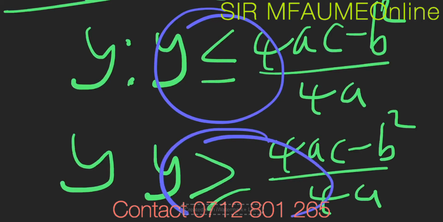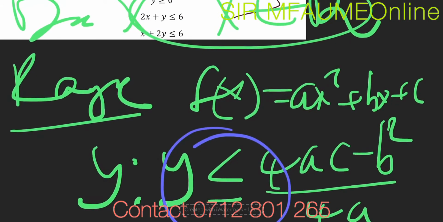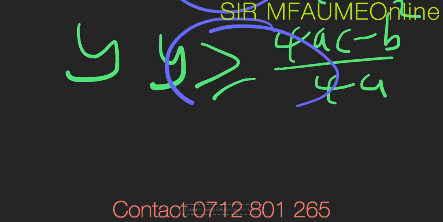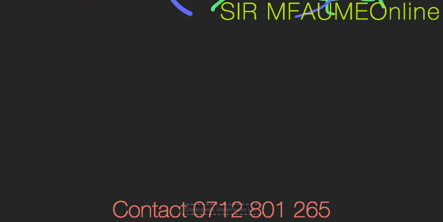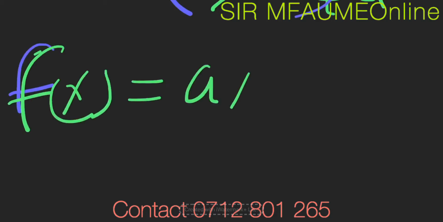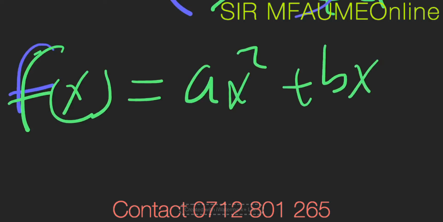But how do we understand if the function provides a maximum value or a minimum value? For instance, you have f of x equals ax squared plus bx plus c.